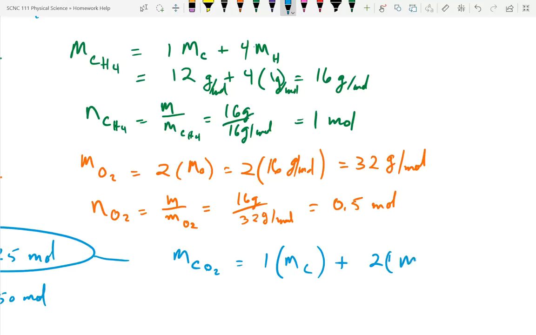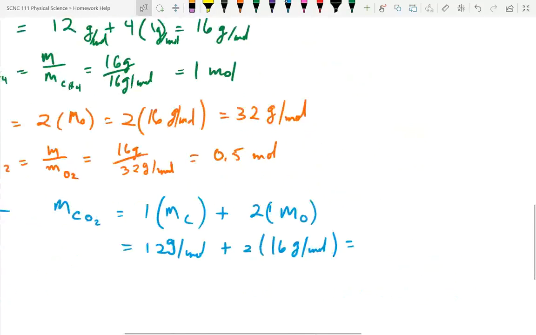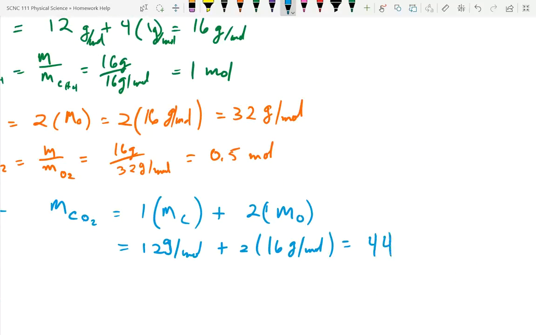Plus 2 times the mass of oxygen. That's right. So that would be equal to 12 grams per mole plus 2 times 16 grams per mole is equal to 44 grams per mole.